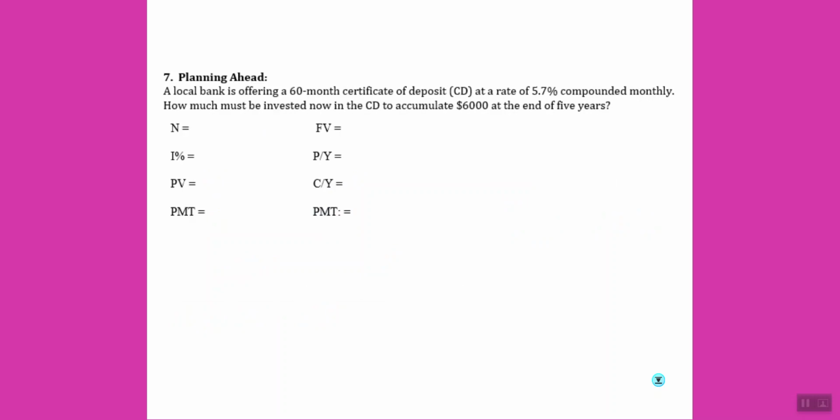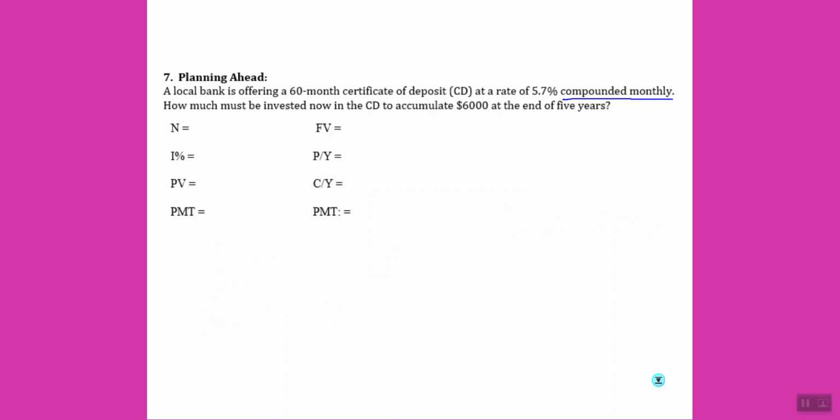Planning ahead. A local bank is offering a 60-month certificate of deposit at a rate of 5.7% compounded monthly. So that's going to be important. That's a little bit different than the other ones we've done. How much must be invested now in the CD to accumulate $6,000 at the end of 5 years?